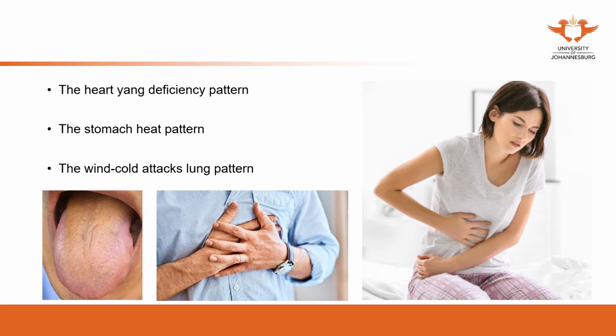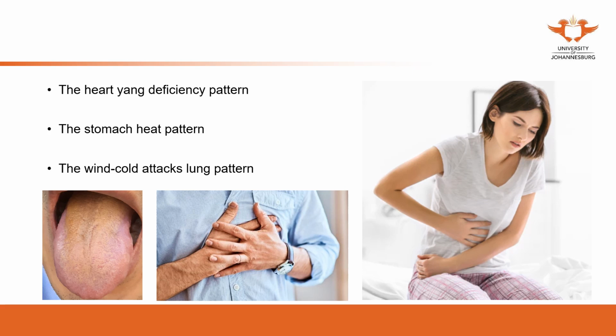So each pattern will include at least two things: the location, where they are, and the nature, what kind of nature. So that's the syndrome differentiation. And the syndrome differentiation depends on the symptoms and signs, such as the pictures here.